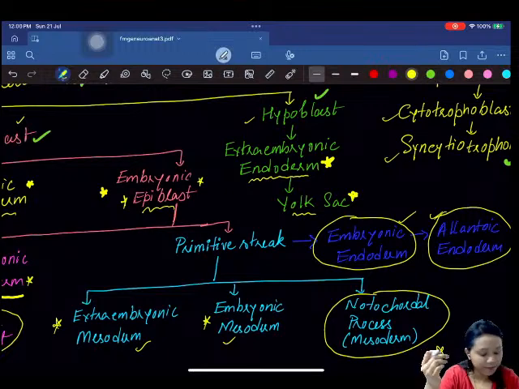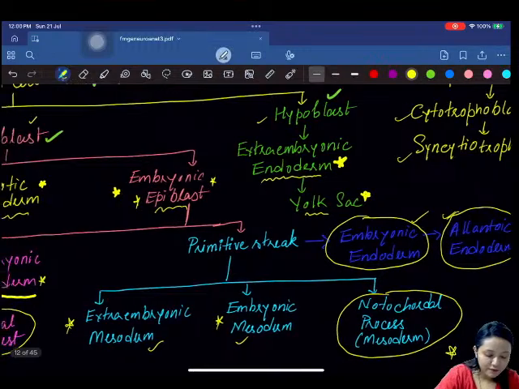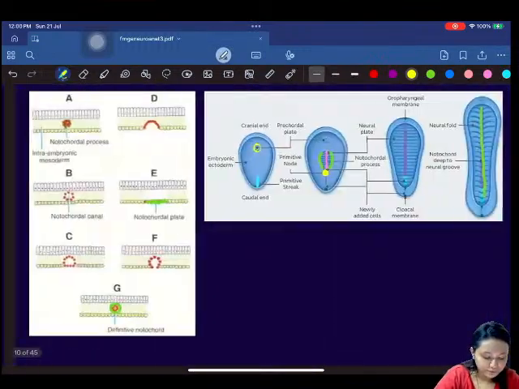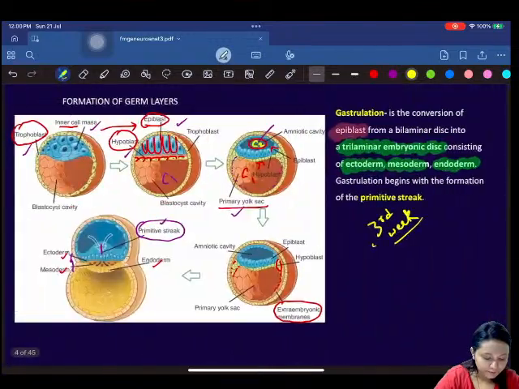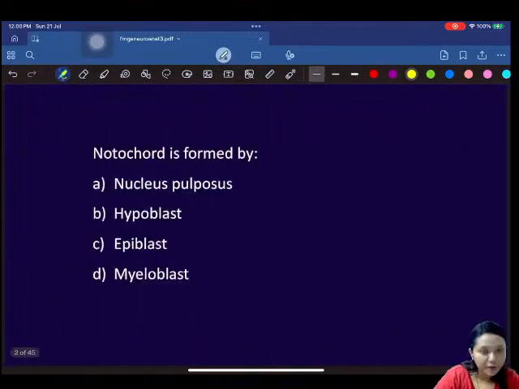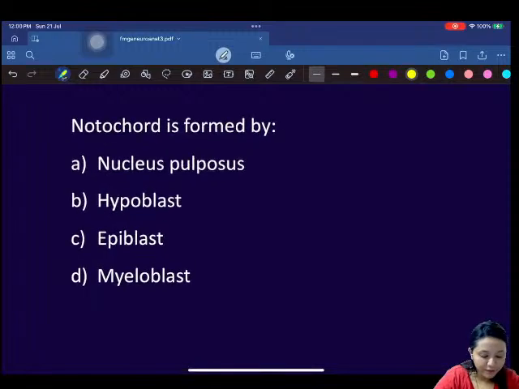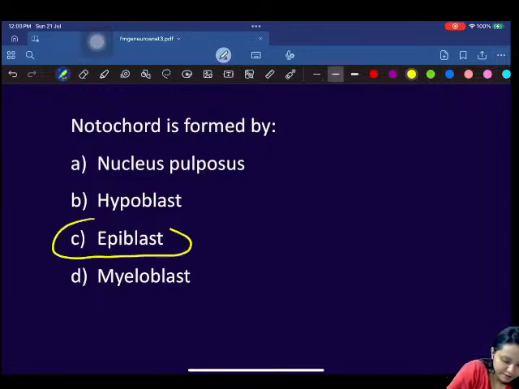Both the precordal plate and the primitive streak are from the epiblast. So the answer to the question: we have been given that the notochord is formed by nucleus pulposus, hypoblast, epiblast and myeloblast. So the answer is your epiblast.